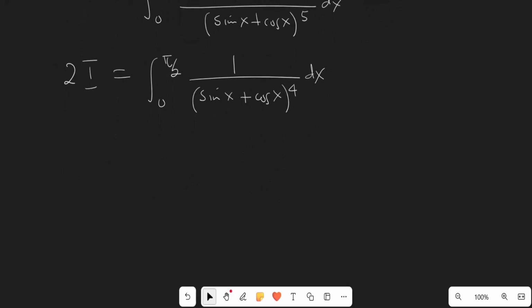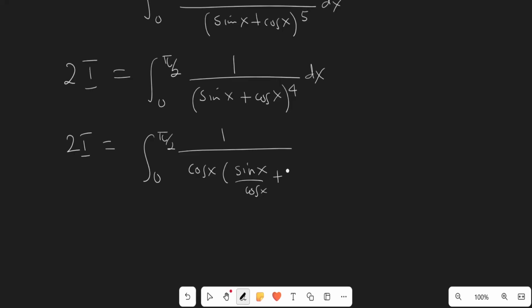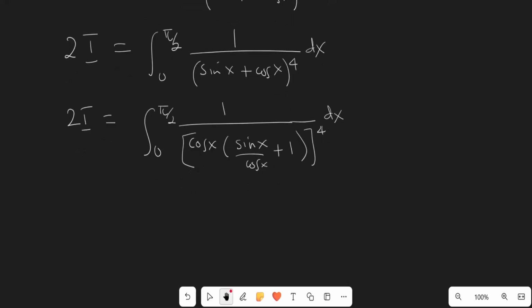So with this one, what we can do now is factorize cosine of x out, and this becomes sine of x over cosine of x plus 1, all to the 4th power dx.